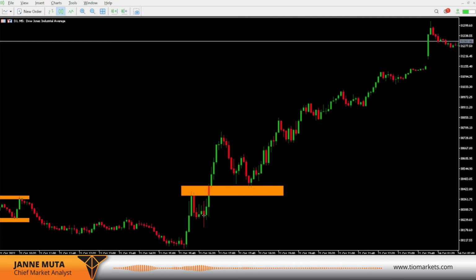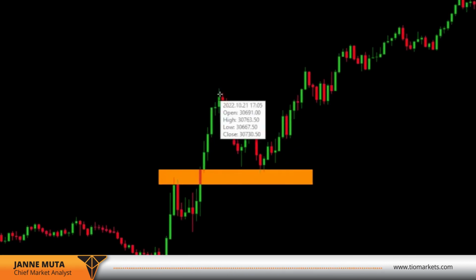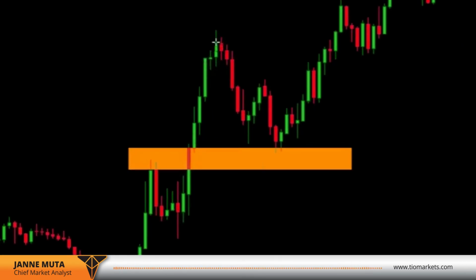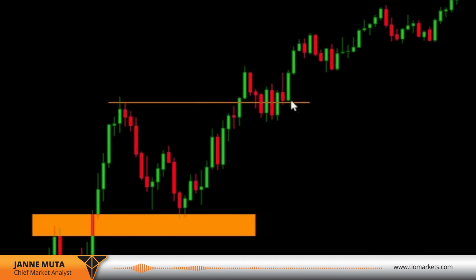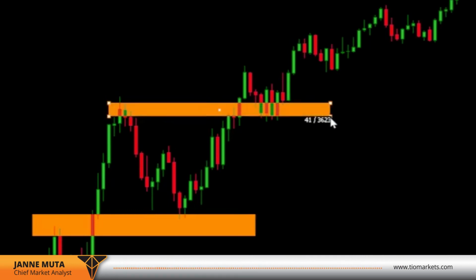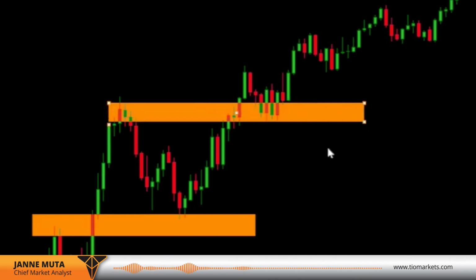As you can see, the market rallied higher, created a higher high, and this resistance here, how do we know it's resistance? We know because there was selling there, the market moved lower. And this general area here created a support area once it was penetrated, and the buyers came in here and pushed the price higher again.